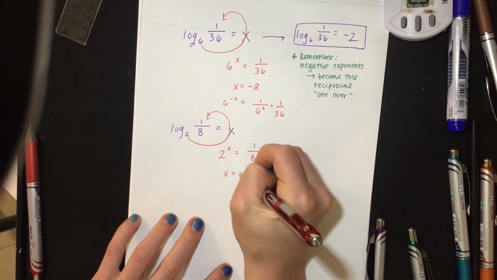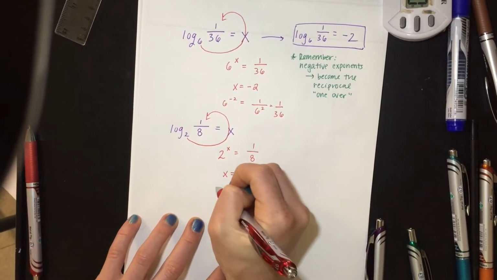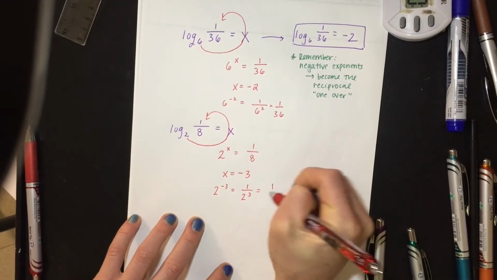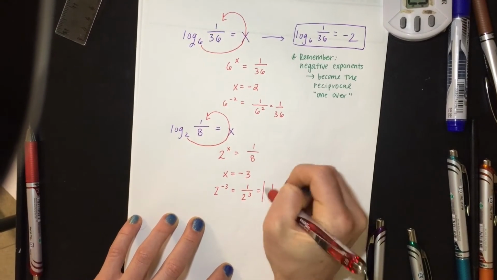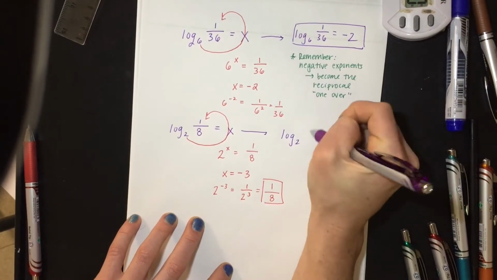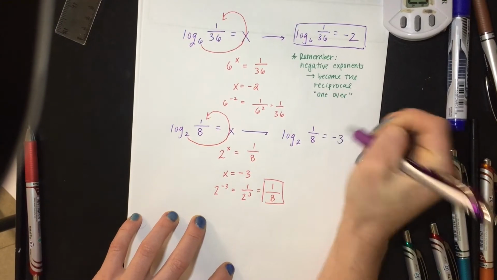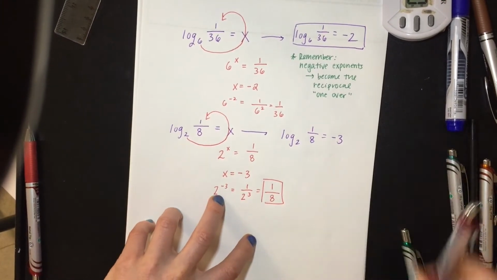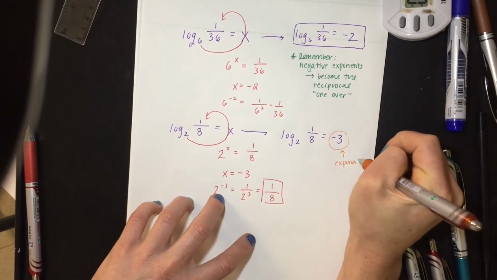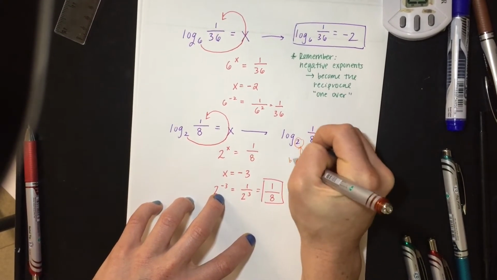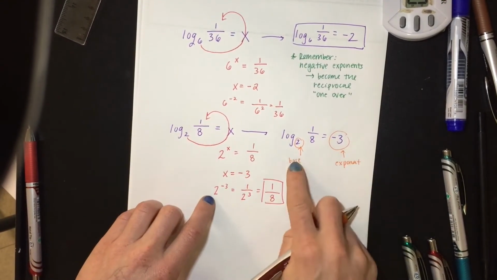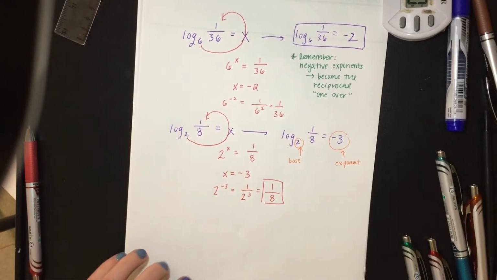Hopefully you're saying right now x equals -3, because 2 to the -3 equals 1 over 2 to the third, which is 1 over 8. So here, log base 2 of 1 over 8 equals -3. Remember that this is your exponent and this is your base. Base, exponent. Okay? One more, I promised.